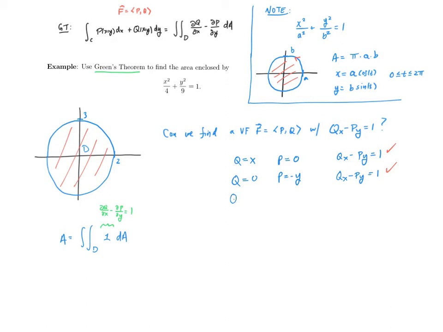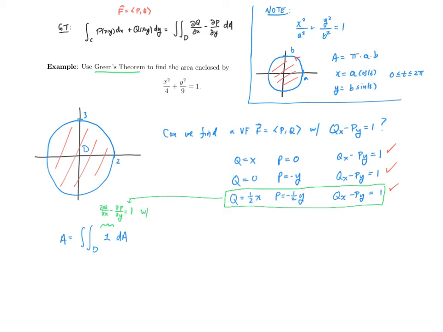One where I think the computations work out quite nicely is if q is 1/2 x and p is minus 1/2 y. So this is another scenario where qx minus py is equal to a positive 1. And we will use this third possibility simply because the computations work out nicely.